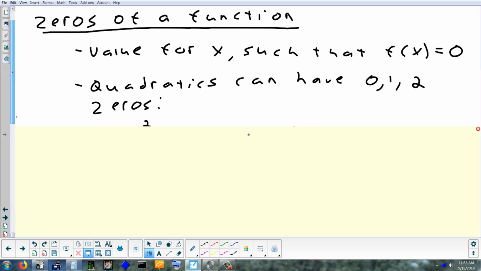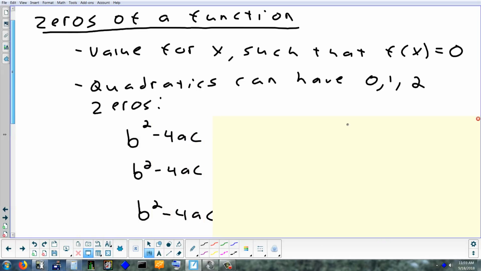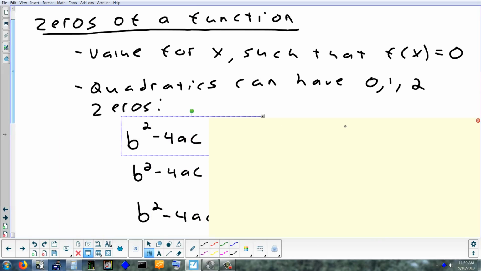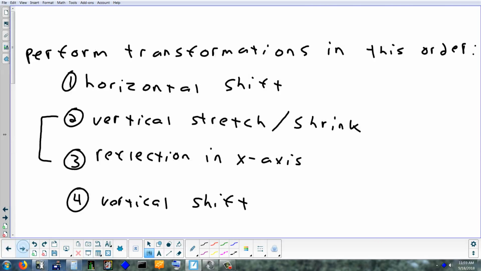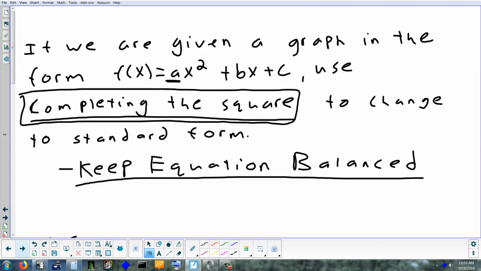And there's a very quick way to tell how many times a graph crosses the x-axis. And it has to do with that calculation right there. Now, if you don't remember, what's A, B, and C? A, B, and C are coming from right here. A is in front of x squared. B is in front of x. C is the number at the end.